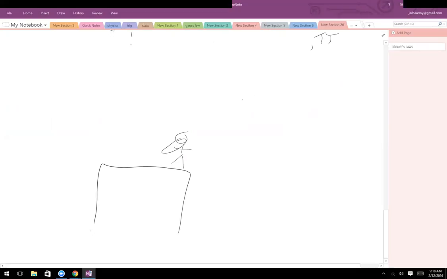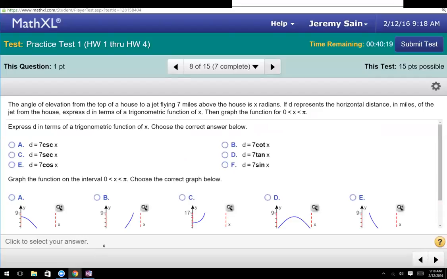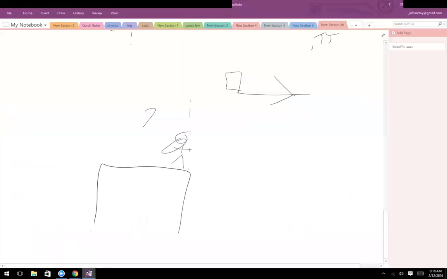All right. And then we have a plane flying above. And the plane is 7 miles. That seems really high, but okay. And the angle of elevation is x.